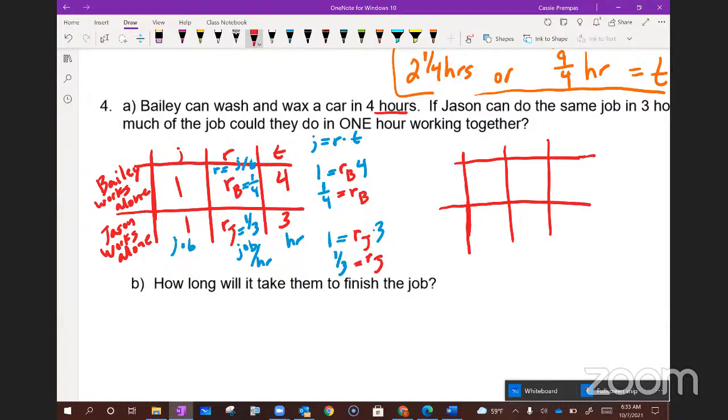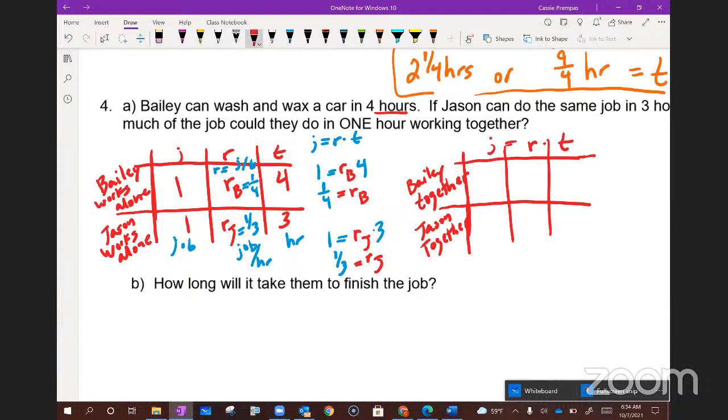Okay, let's take a look. So I have now, this is going to be the information. You can title it at the top of the chart or on the side, but I'm looking for Bailey how this differs when she works together, and Jason, how the information differs when he's working together with Bailey. We know that the amount of job that they complete is going to equal their rate times their time.